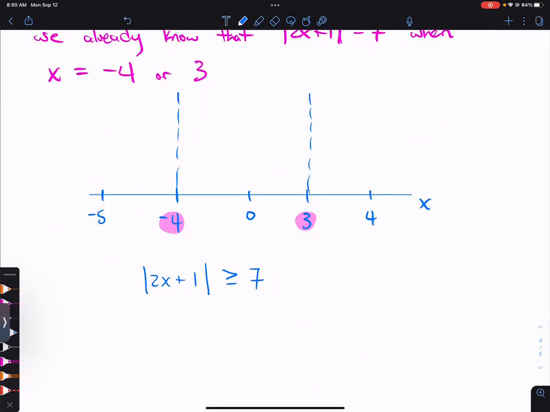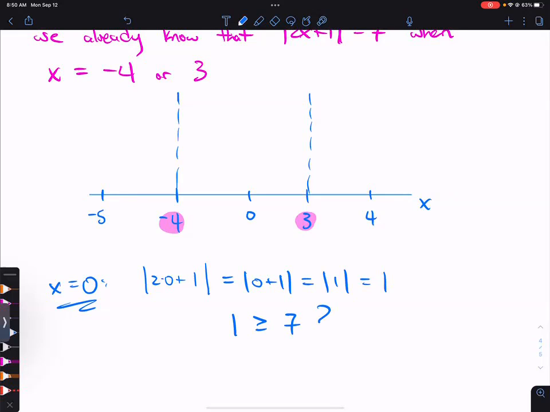for example, if x equals 0, this becomes 2 times 0. And 2 times 0 is 0. And 0 plus 1 is 1. And that's 1. So is 1 bigger than or equal to 7?